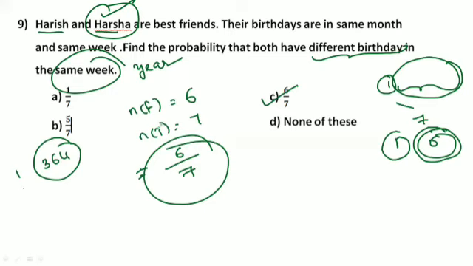So 364 by 365 would be the probability of not getting the same birthday date for Harish and Harsha. Got it?